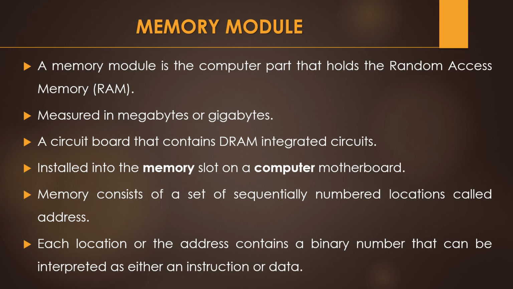As I said earlier, memory consists of a set of sequentially numbered locations called addresses. The memory locations start from 0 to n-1. Each location contains a binary number that can be interpreted as either an instruction or data.